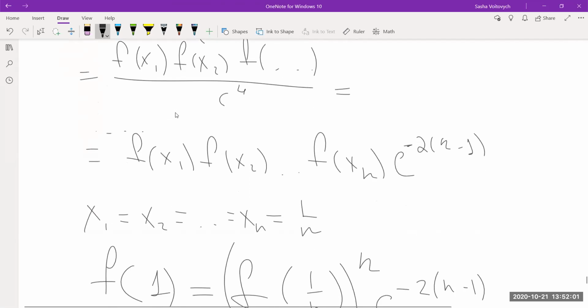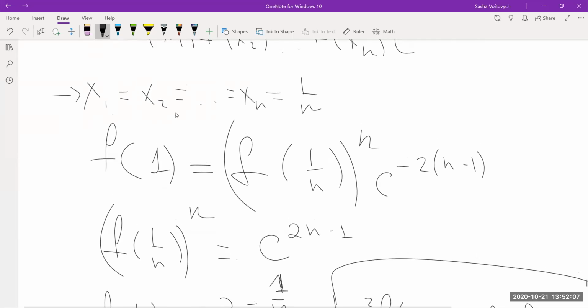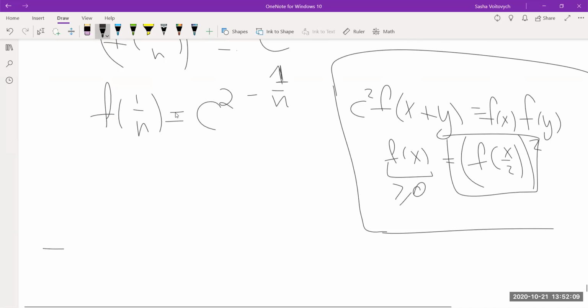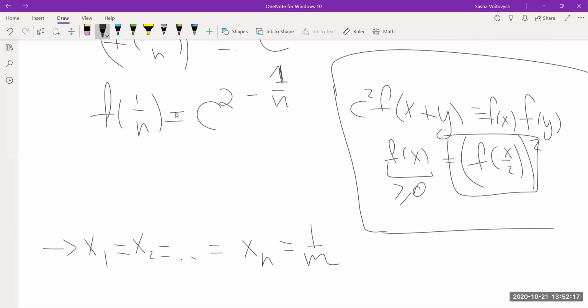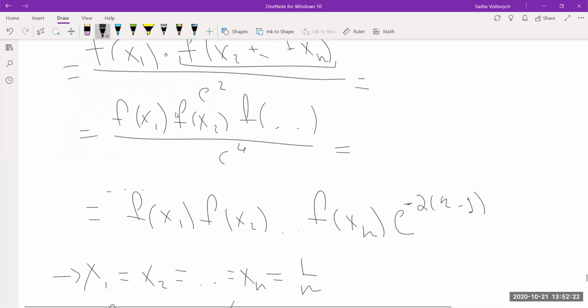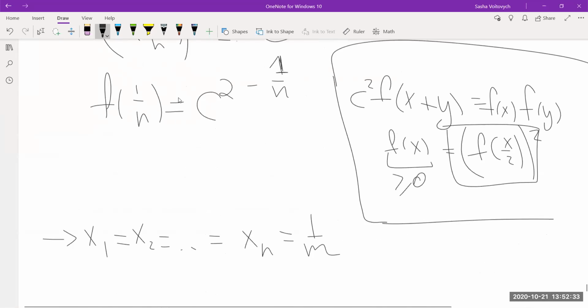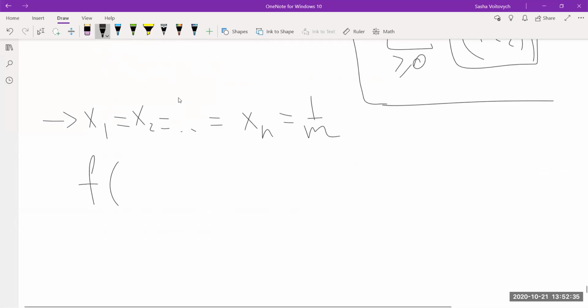Okay, so let's plug in x1 equals x2 equals xn equals 1 over m now instead of 1 over n. Then on the left hand side we will get f of n over m, because there are n terms and each of them is 1 over m.